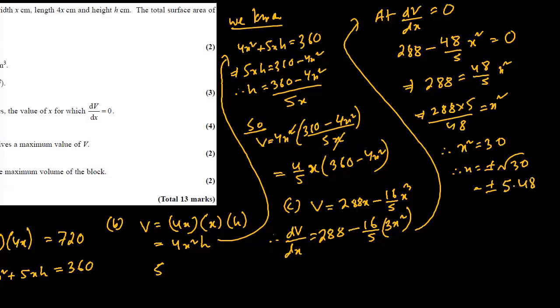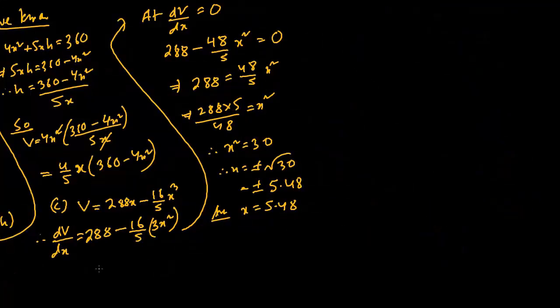Since this is a practical question where we have a box, x cannot be negative, so in that aspect we can just write the value of x to be positive 5.48, that's good enough over here. This is question number D. So second derivative.